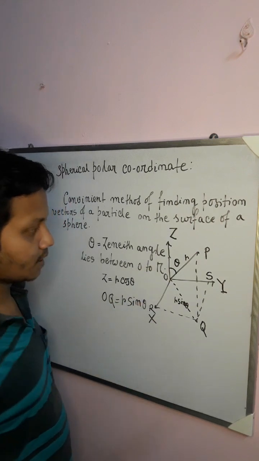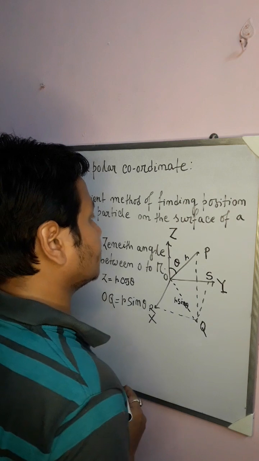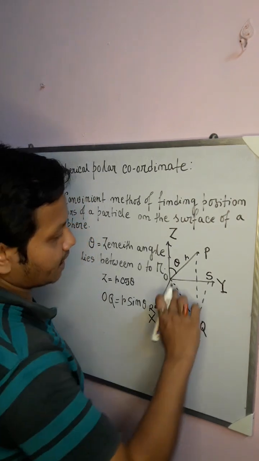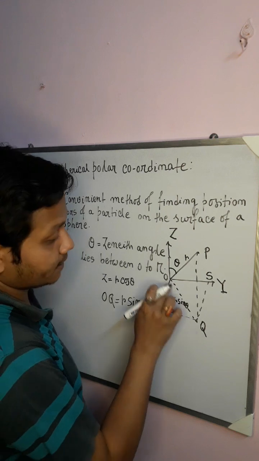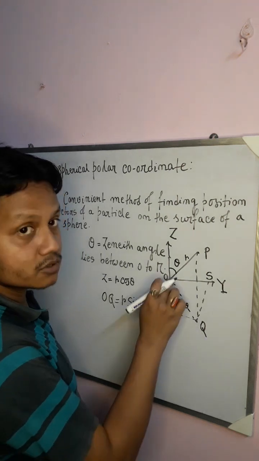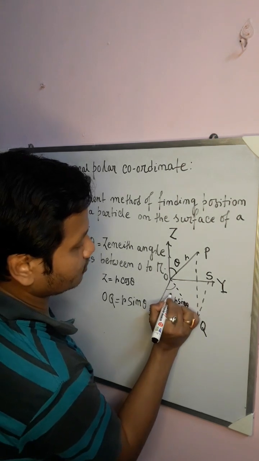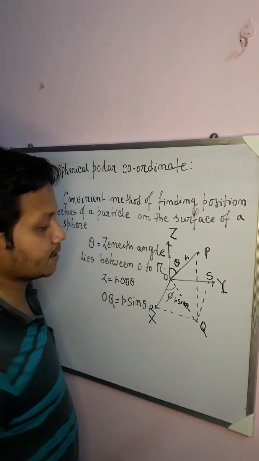Now another quantity that we have to introduce: the angle that the line OQ makes with the positive direction of x is called the azimuthal angle phi.